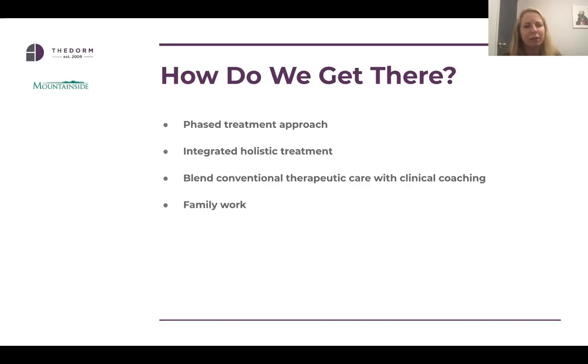treatment really needs to be integrated and holistic, especially in primary treatment and residential as well, but more so even in aftercare, because again, you're in your natural environment. You're exposed to many different triggers, people, places, and things. And it's not a one size fits all model.